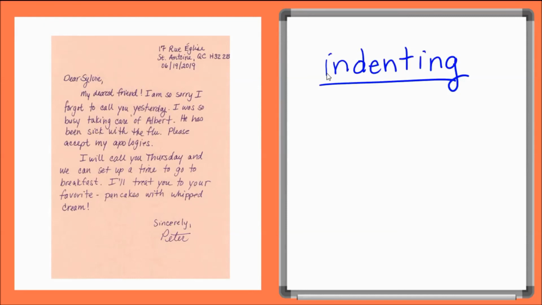We have to make sure that the heading, the closing, and the signature are on the same line. They go on the same line so that they have the same space on the right, and we start from the same point. You can draw an imaginary line to help you like this.